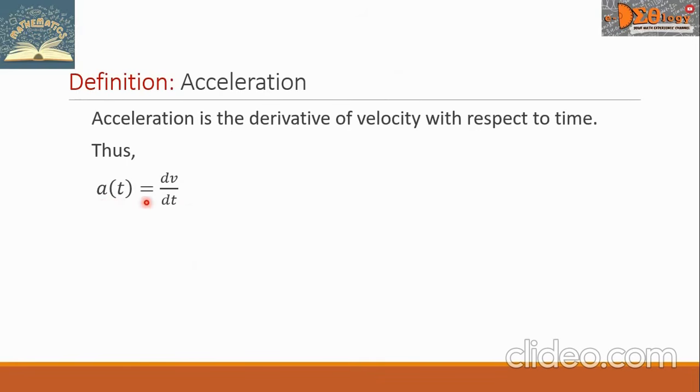This is equal to dv over dt. We take the derivative of the function of velocity. Or we say that this is d square s over dt square. This is the second derivative of the function s.